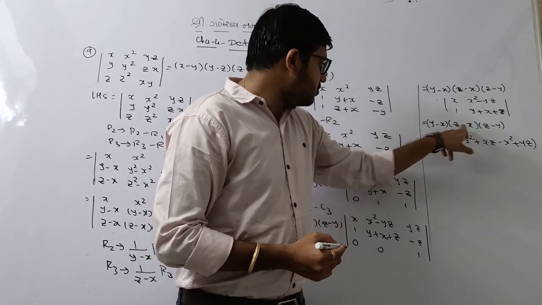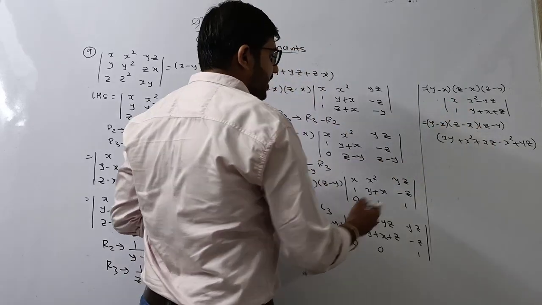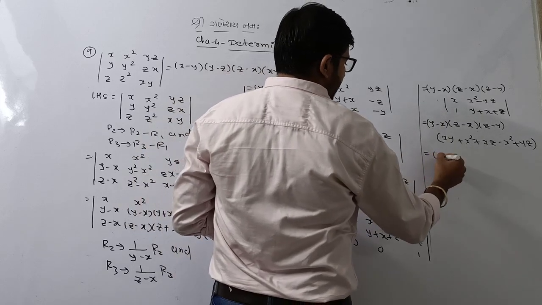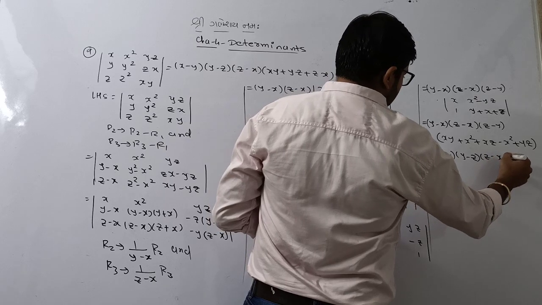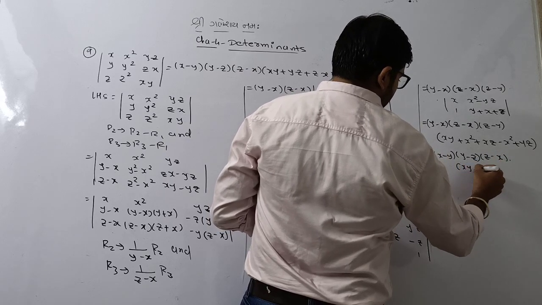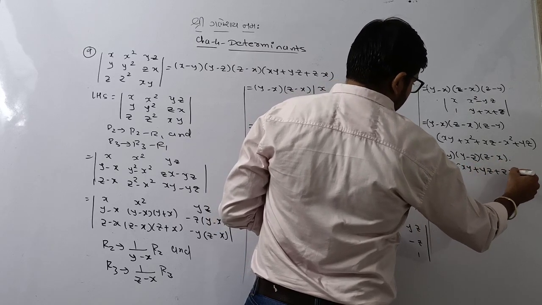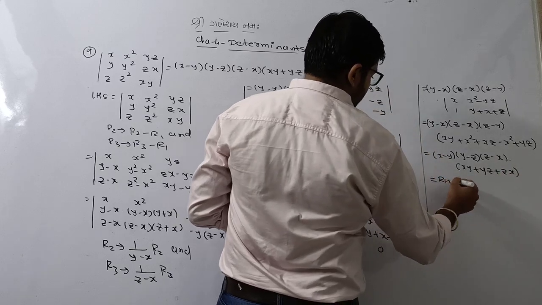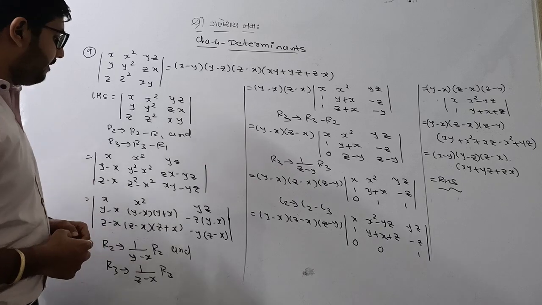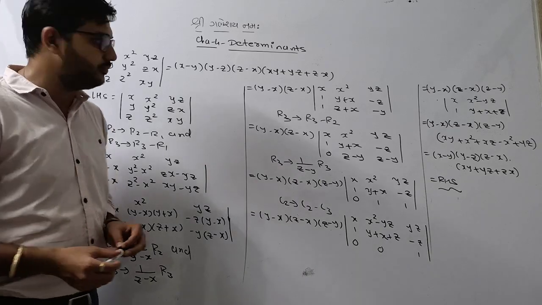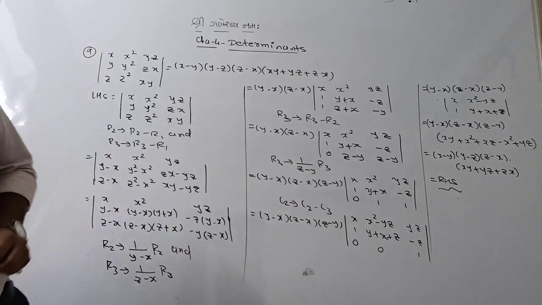And now from these three terms, if we take minus common, we get x minus y, y minus z, z minus x into xy plus yz plus zx, which is equal to the RHS. Hope you all understand this one. Okay, next question.